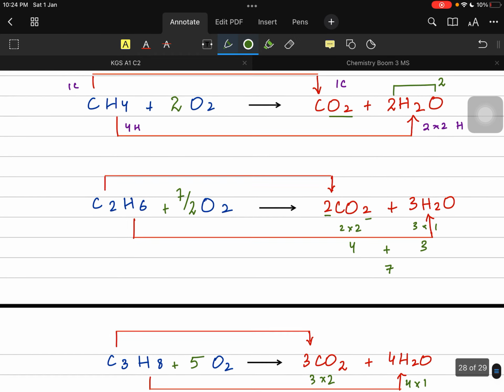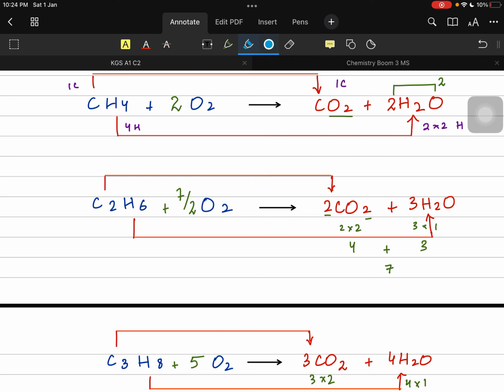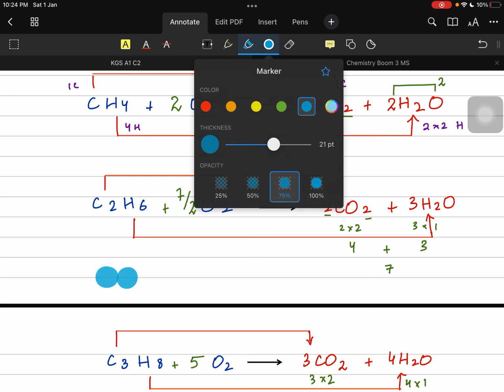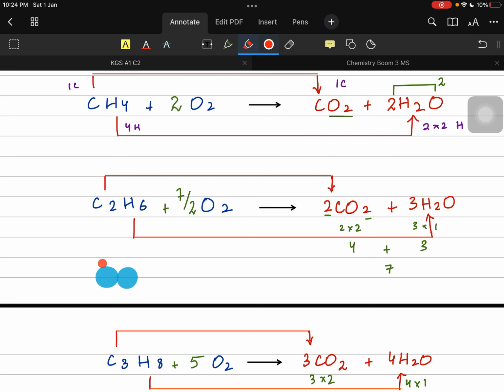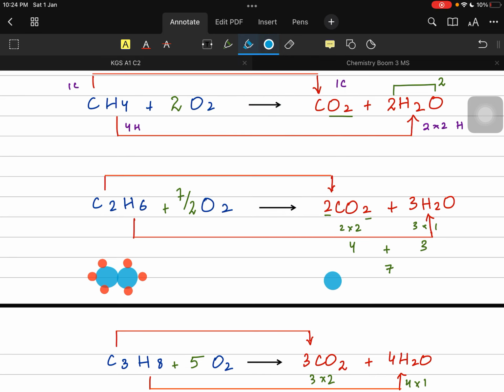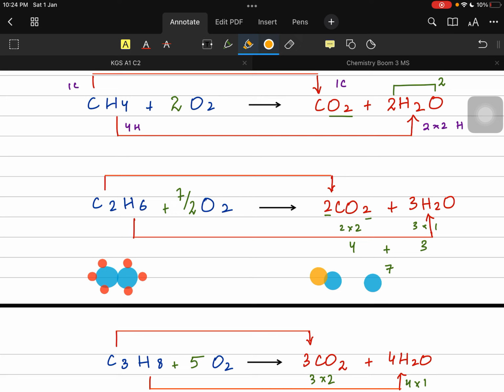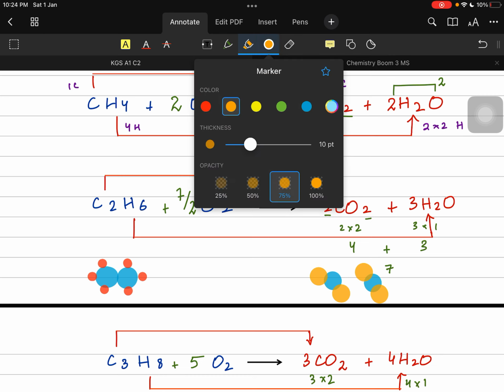Now I'll make this very clear. Let's suppose this is ethane with its 2 carbon atoms and 6 hydrogen atoms. 2 carbon atoms could make only 2 carbon dioxide, so you get 1 carbon dioxide, you get another carbon dioxide over here with the oxygen atoms. So these are the oxygen atoms. So you get 2 carbon dioxides. The red dots are the hydrogen atoms.